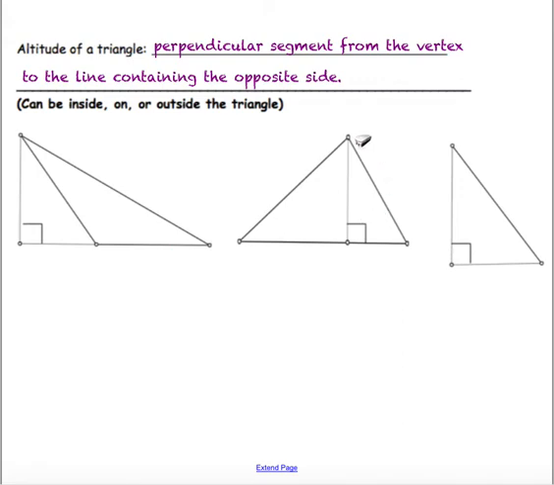In an acute triangle, it will be inside. This might possibly be a right triangle as well. And then on a right triangle, two of the altitudes will be on the triangle because they're going to go down the legs of that right triangle. These are two altitudes of this triangle. The other one would go through the middle of it.